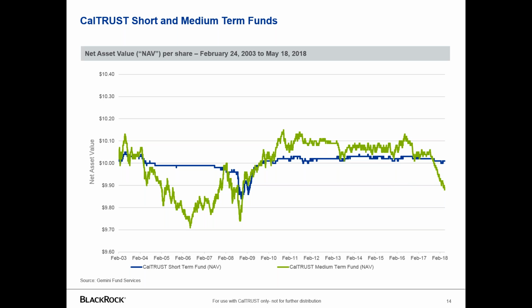Transactions will take place at the constant NAV value, but the driver behind the stability in the shadow NAV is based upon the relatively short weighted average maturity, the weighted average life, as well as the high credit standards that we'll have for this portfolio. So from the basis of 2a-7 and 2a-7-like portfolios, the general construct is so that the portfolio has minimal volatility.